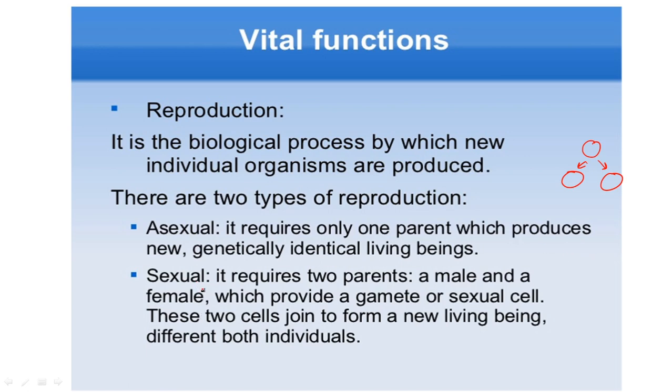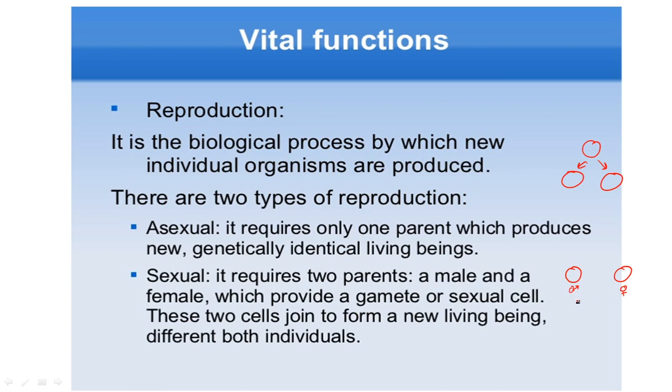Sexual reproduction requires two organisms. One is the male, the other is the female, and they produce different sexual cells called gametes.